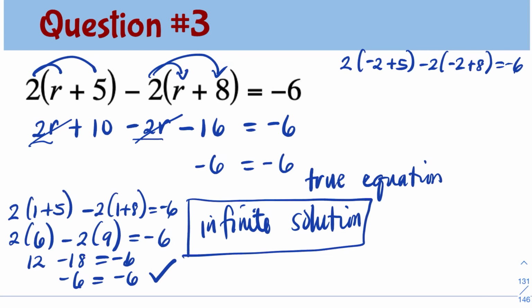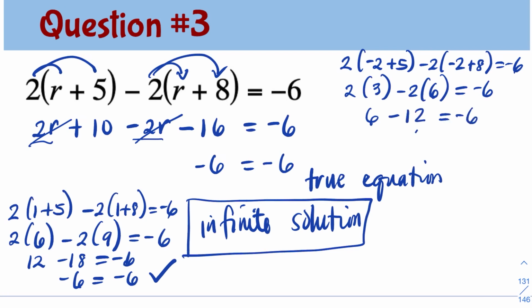So simplifying this, we have 2 times negative 2 plus 5 is 3, minus 2 times negative 2 plus 8 is 6. Is it equal to negative 6? 2 times 3 is 6. 2 times 6 is 12, so you have minus 12. And yes, negative 6 is equal to negative 6. So here it also works when we plug in negative 2.